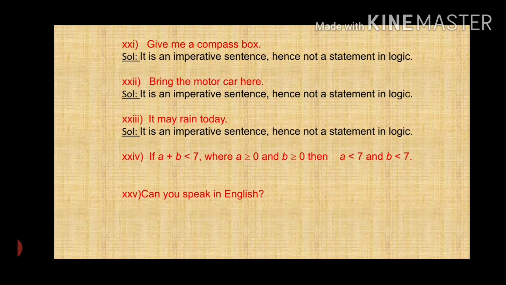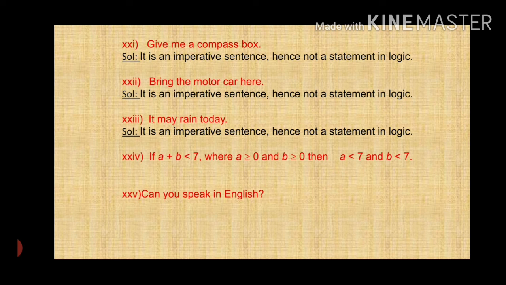Now see the next one. Very interesting. If a plus b is less than 7, where a is greater than or equal to 0 and b is greater than or equal to 0, then a is less than 7 and b is less than 7. They have given that a plus b is less than 7, and a and b are both greater than or equal to 0.